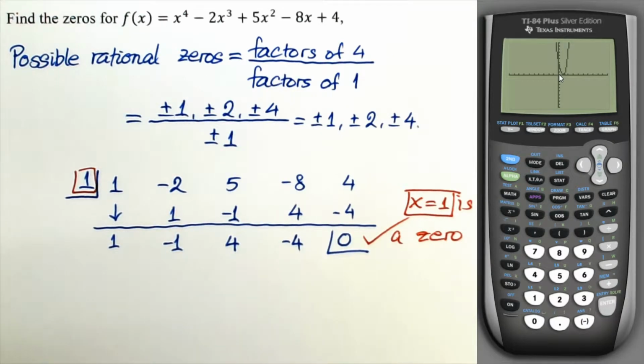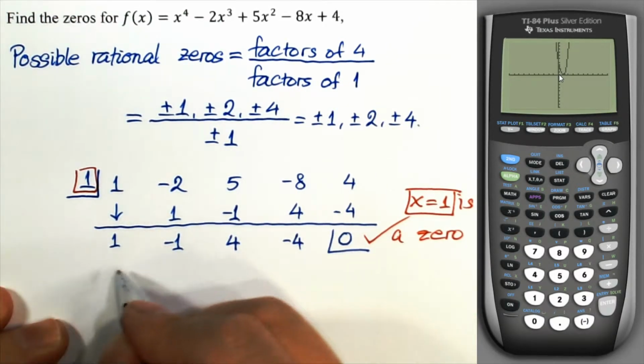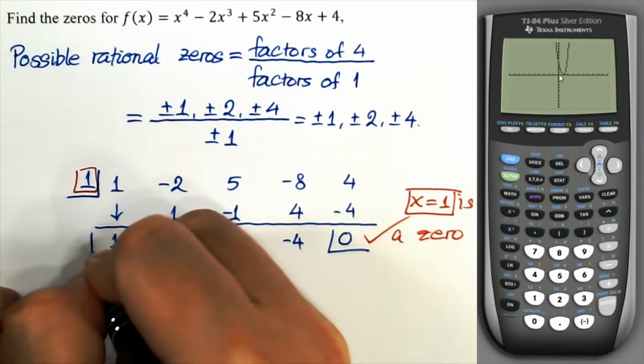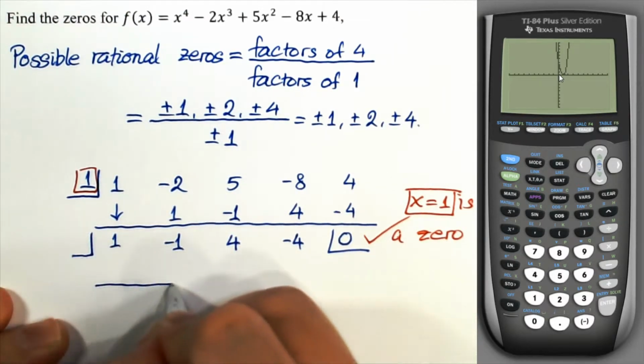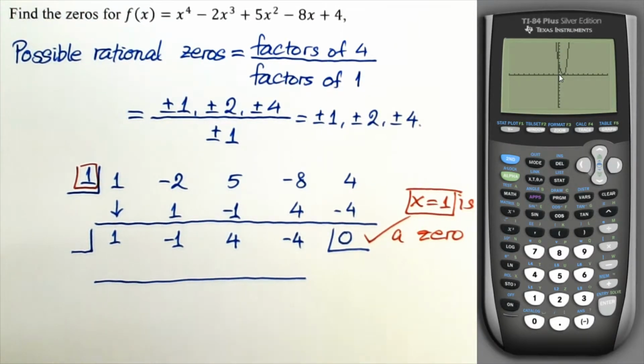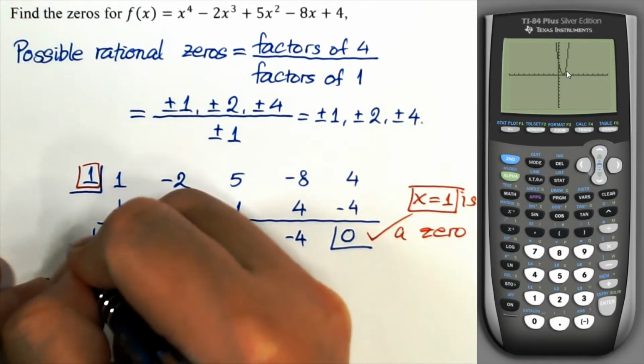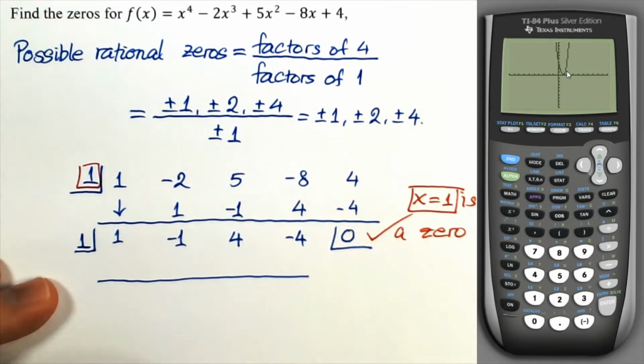Now we just keep going with the remaining polynomial. So I just keep dividing from there. Right. As mentioned before, the graph looks like it touched the x-axis, and so in that case the multiplicity must be an even multiplicity.